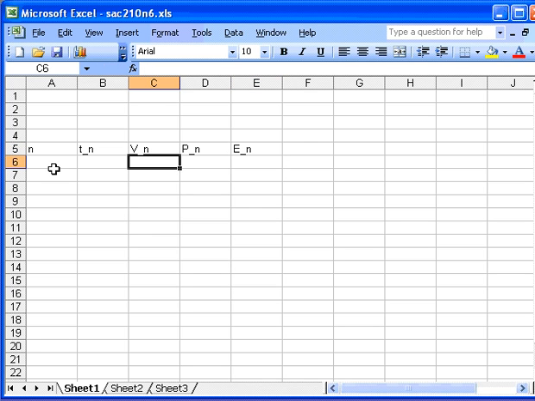And working in SI units, I think I'll put the units on these. This will be in seconds. This will be in volts. This will be in watts. And this will be in joules.